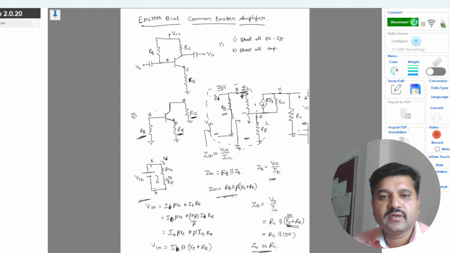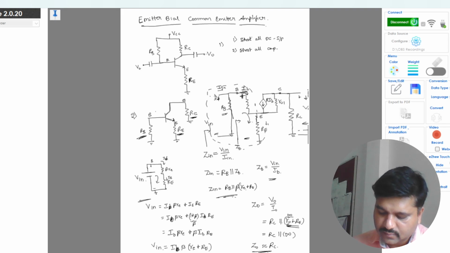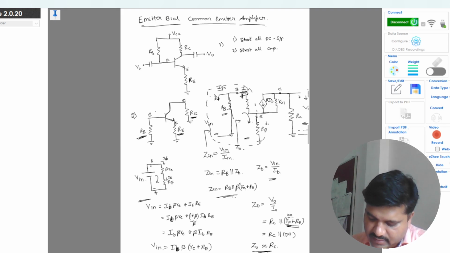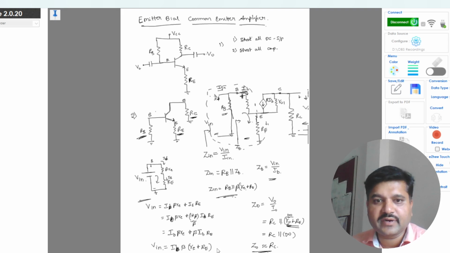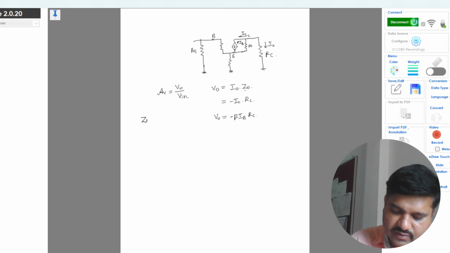In the previous slide we saw that my IB is nothing but, from this equation, I will just rewrite it. IB is V in by ZB. From the previous, we got that ZB is equal to V in by IB.